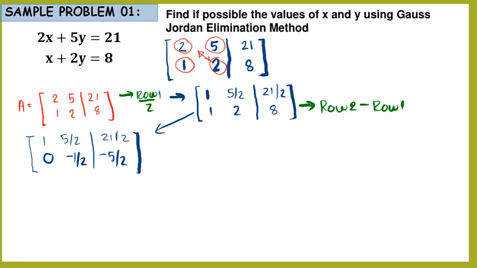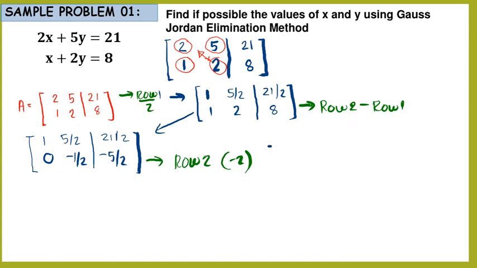So in our row 2, we need to multiply by negative 2. Okay.